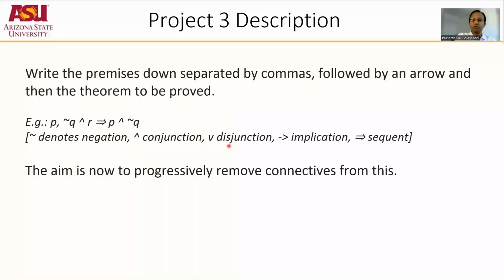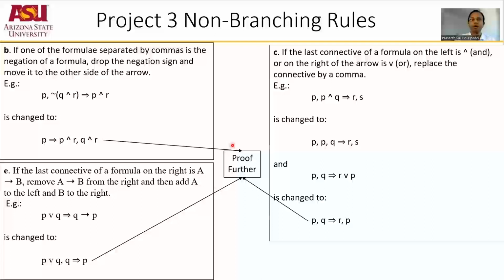Each of these is replaced based on the rules of Wang's algorithm with commas. And the final output is a formula with just commas and no other connectives available to us. So what are the rules of Wang's algorithm?